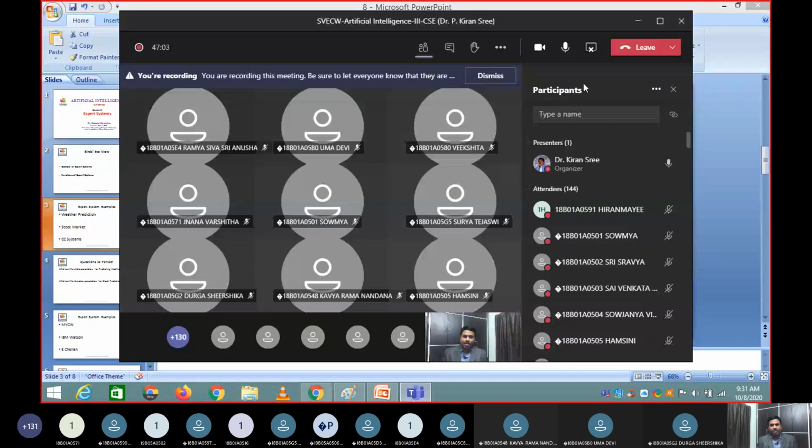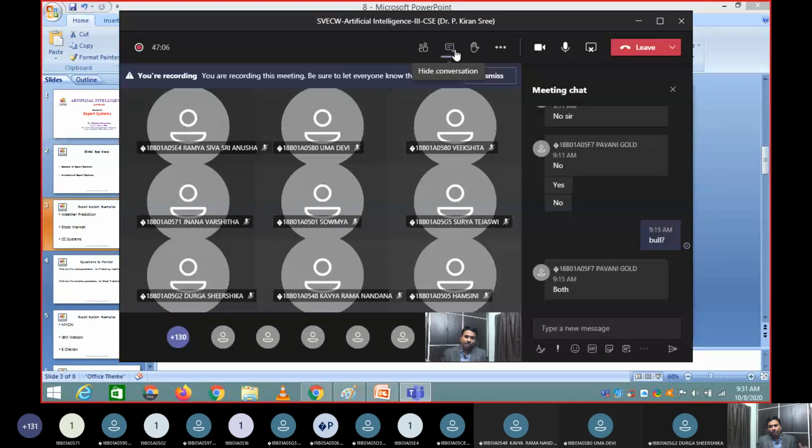Can you type something here: when you have more dynamic parameters that have to be considered, is it better to have more dynamic parameters or fewer? Just type something in the chat box.